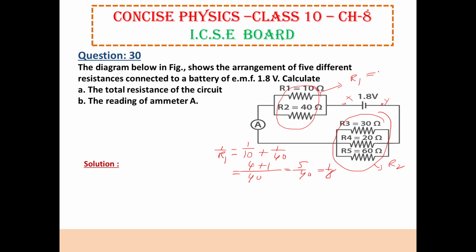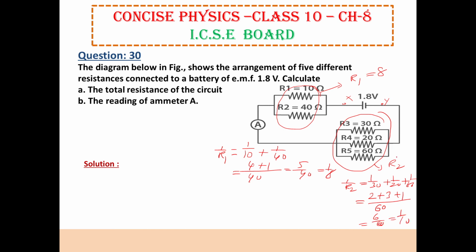So R1 is coming 8, and for this, 1 by R2 will be equal to 1 by 30 plus 1 by 20 plus 1 by 60. On simplification we are getting 2 plus 3 plus 1, so it is 6 by 60 equal to 1 by 10.